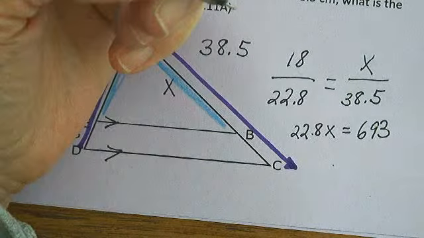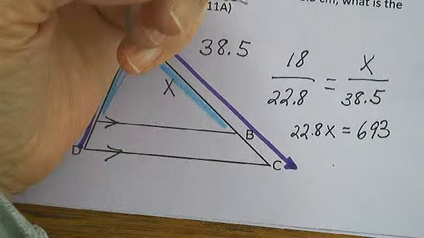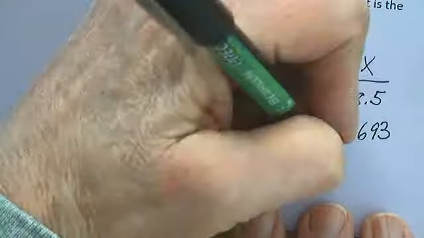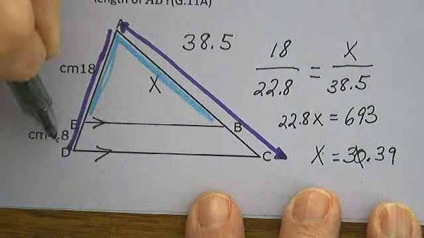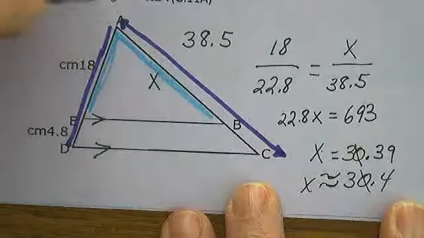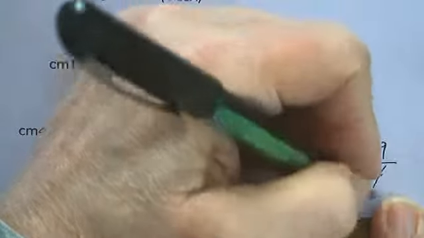If I now divide both sides by 22.8, x is going to be 30.4, or 30.39, but the scientists and us will be happier if we say x is approximately 30.4 centimeters. Good.